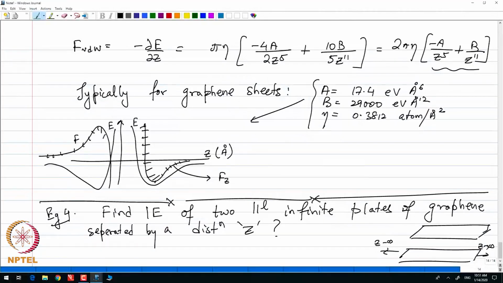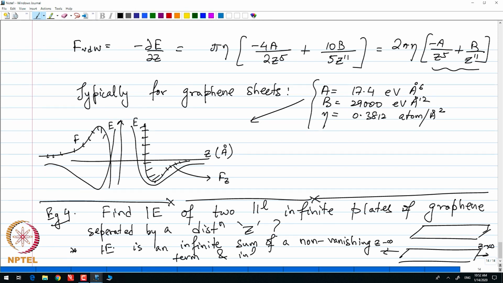As I just said, the interaction energy is an infinite sum of a non vanishing term and it is infinite.